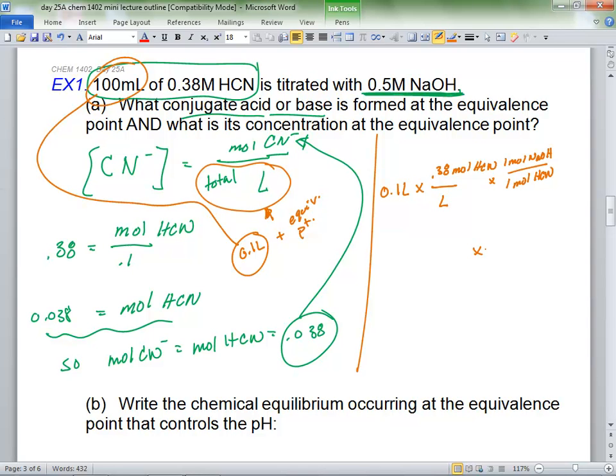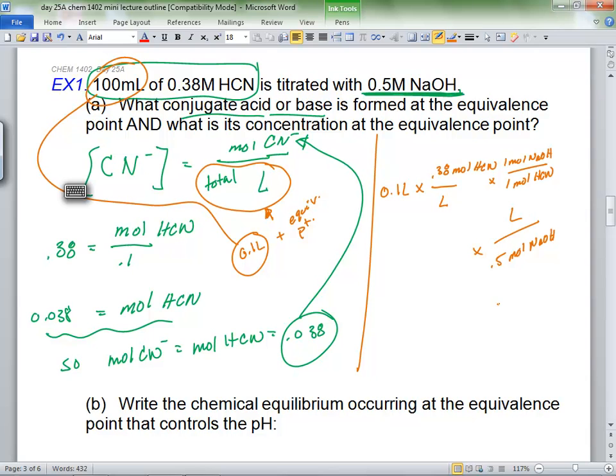Jessica, now what? 0.5 moles of NaOH and liter on the bottom. Oh no, sorry, it's the other way around, isn't it? Otherwise my moles of NaOH won't cancel. And we could stop at liters, because isn't that what we want? Yeah, let's not go to milliliters.